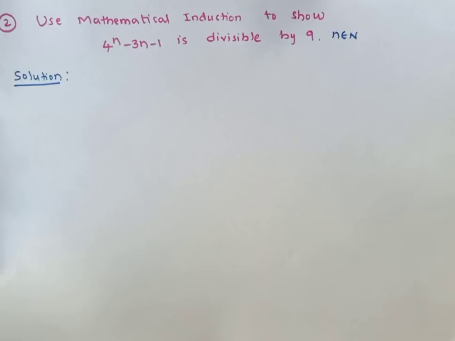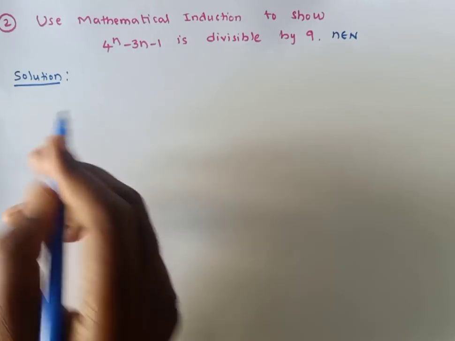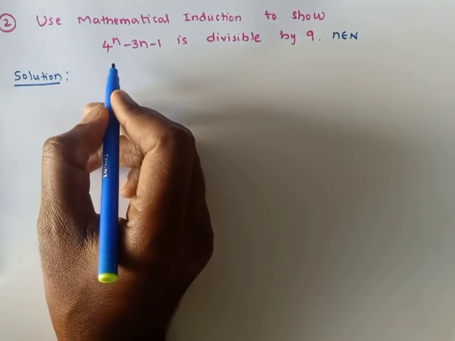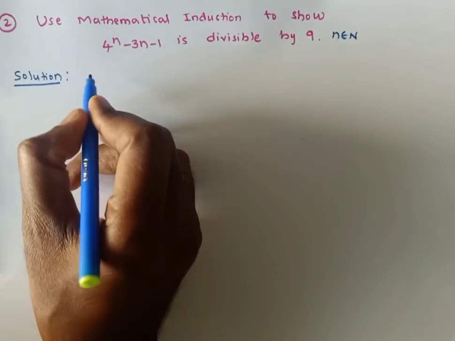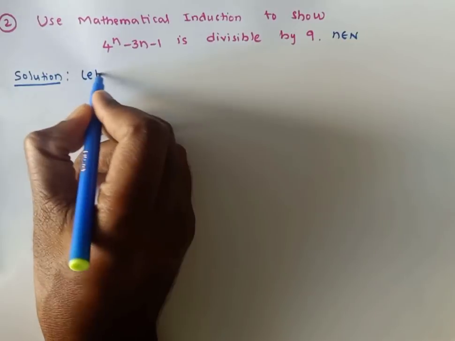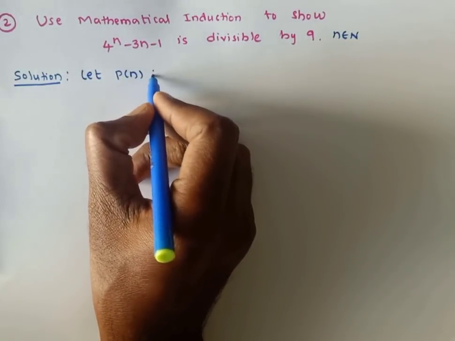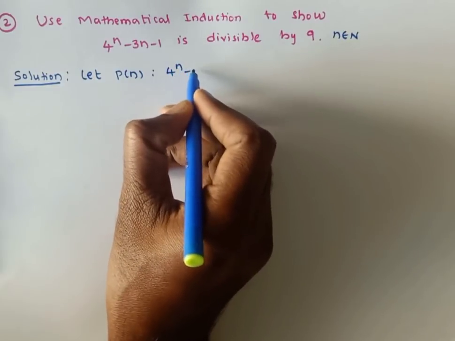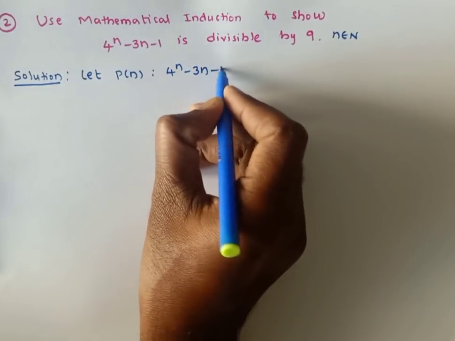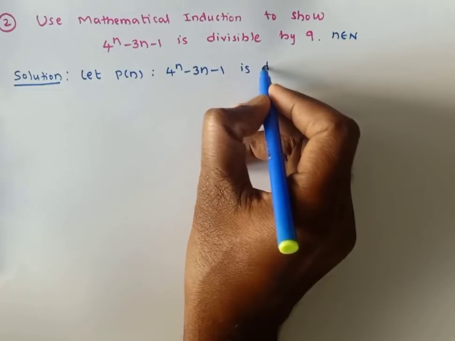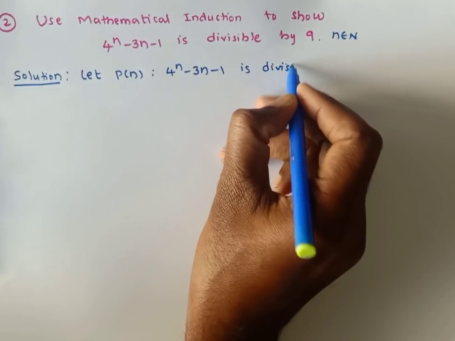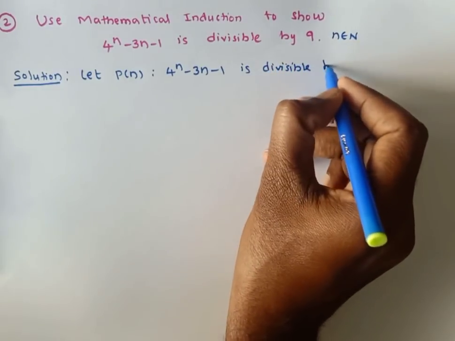We have to show this by using the concept of mathematical induction. First of all, let P of n be the given statement, that is 4 to the power of n minus 3n minus 1 is divisible by 9.